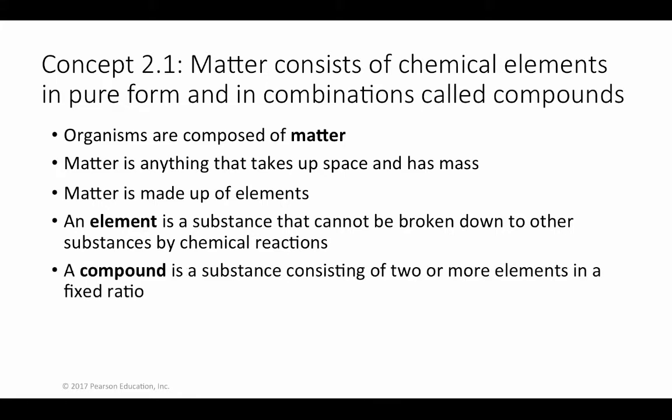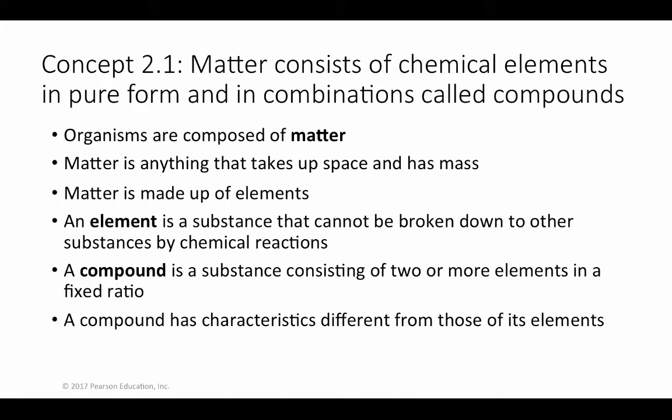A compound is a substance consisting of two or more elements in a fixed ratio. So there are different kinds of compounds that we will examine as we go along in this web lecture. The important thing to know now about compounds is that they have properties that differ significantly from those of the individual elements that make up that compound.